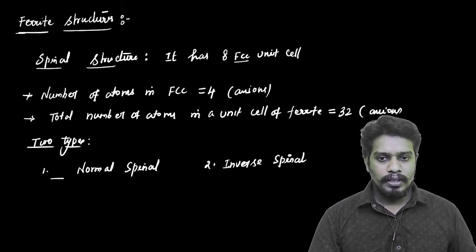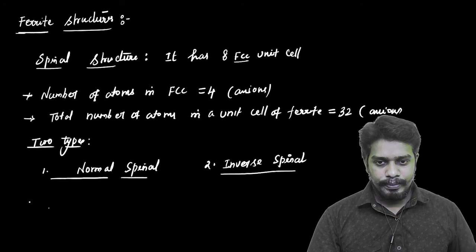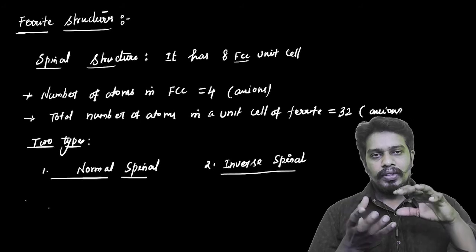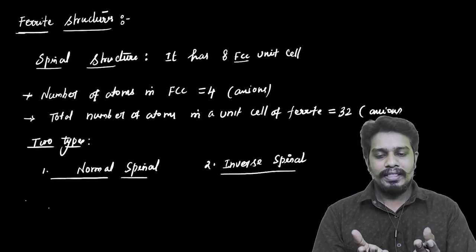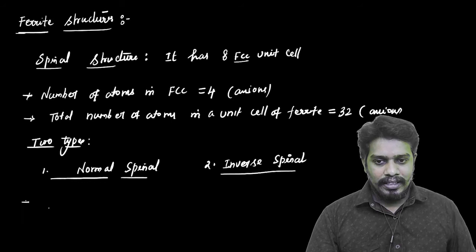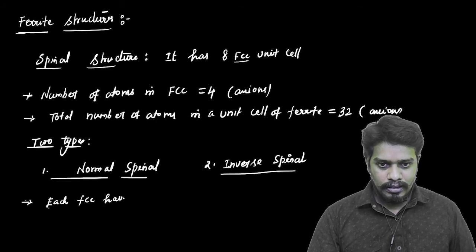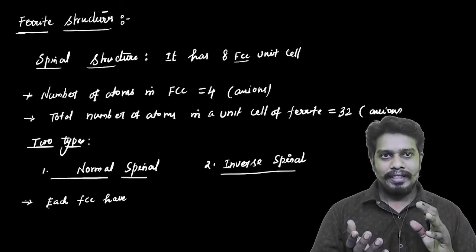What do we mean by the normal spinel structure? There are eight FCC units in the single cubical box of the spinel structure. Each FCC has octahedral sites as well as tetrahedral sites.